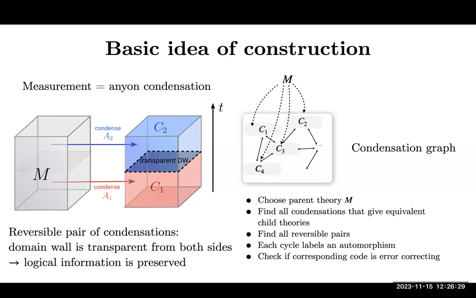And so this gives me a measurement sequence I perform. I'm going to walk on this graph. Once I come back to myself, I can compute what automorphism I accrued throughout that process. And if that automorphism is non-trivial, I perform a non-trivial gate on my code. And then this is a separate thing, but when you build an error correcting code, you still need to show that it's error correcting.